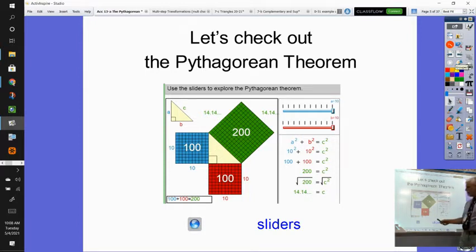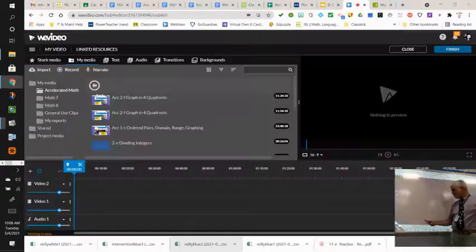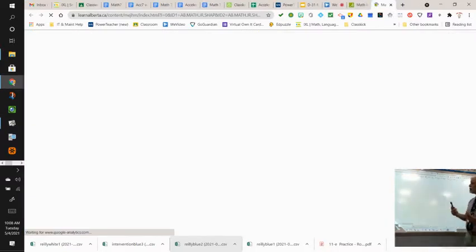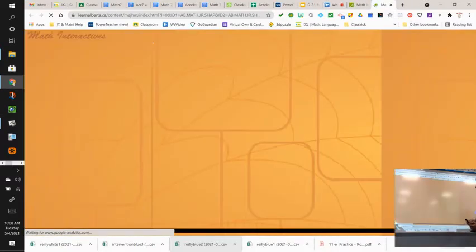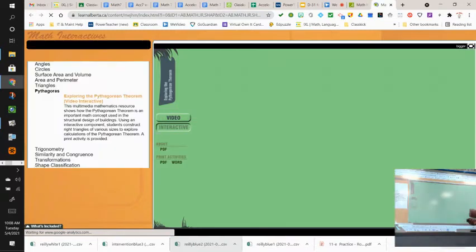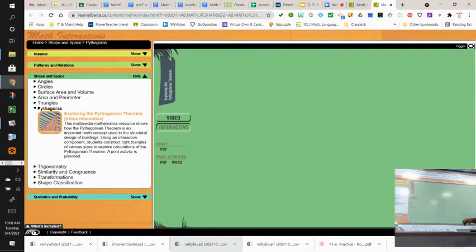So one of the proofs of the Pythagorean theorem uses this picture of drawing squares. When you talk about a squared and b squared, you can basically draw a square on each leg of the right triangle.